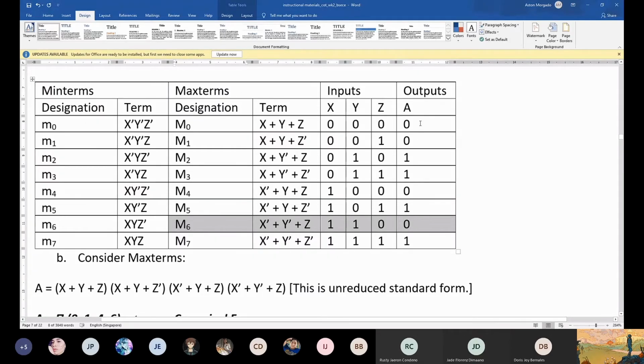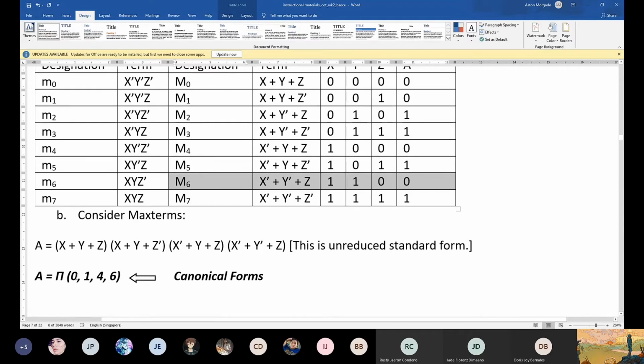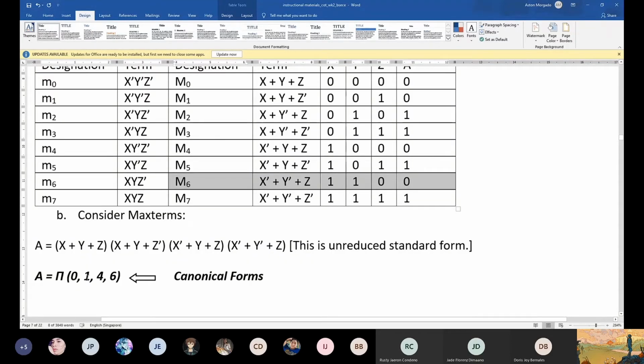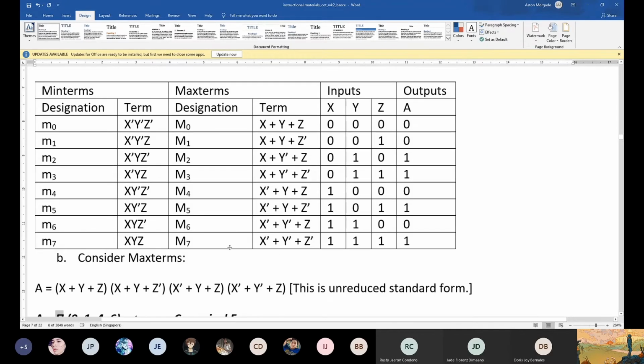So we have how many zeros? 1, 2, 3, 4. So 0, 1, 4, and 6. A is equal to pi 0, 1, 4, 6. So these numbers have output of 0. Pi means maxterms.